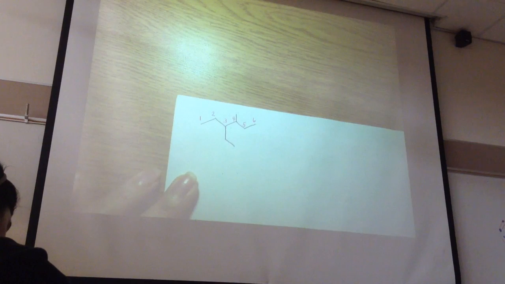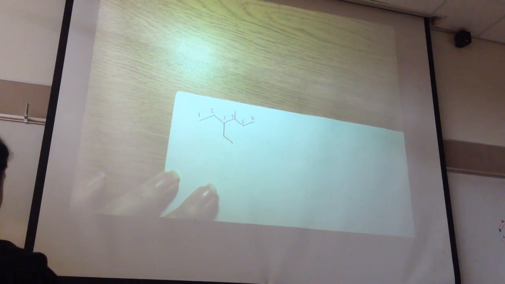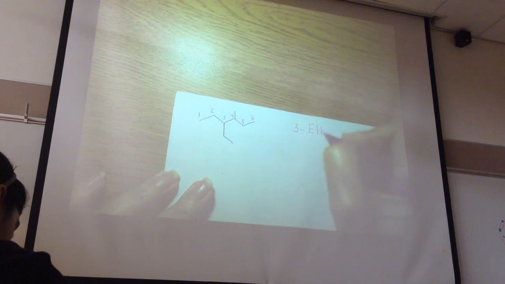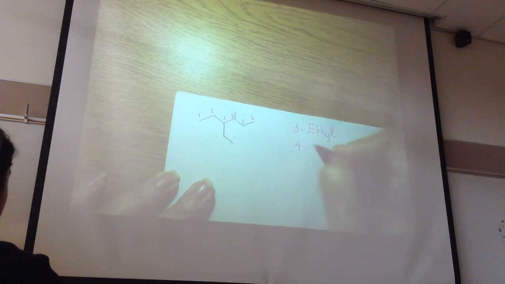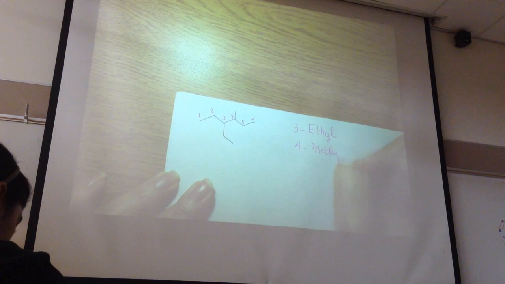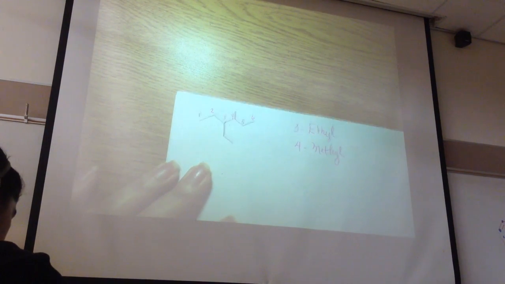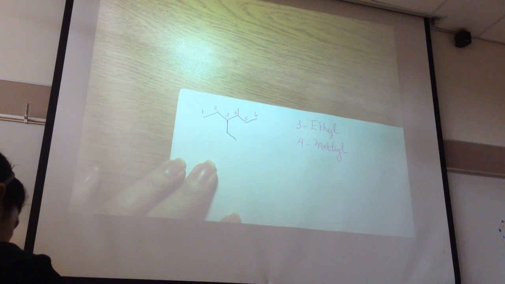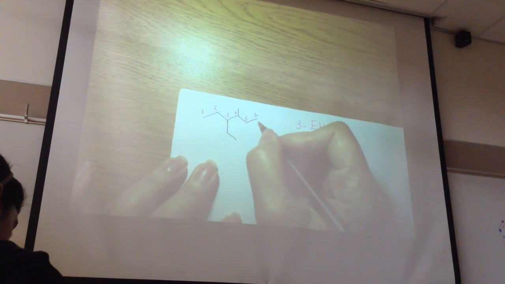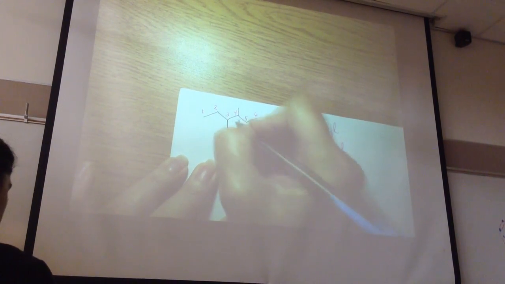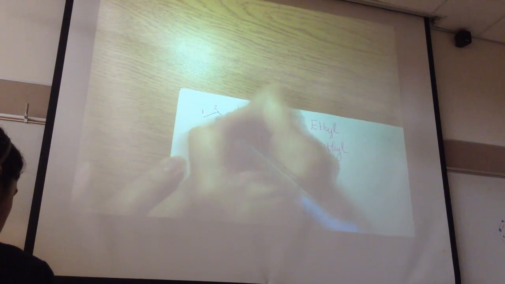So I have substituents on 3 and on 4. On 3, I had an ethyl, and on 4, I had a methyl. That's me. Somebody else decided to start numbering from here, and they have a 1, 2, 3, 4, 5, and 6.